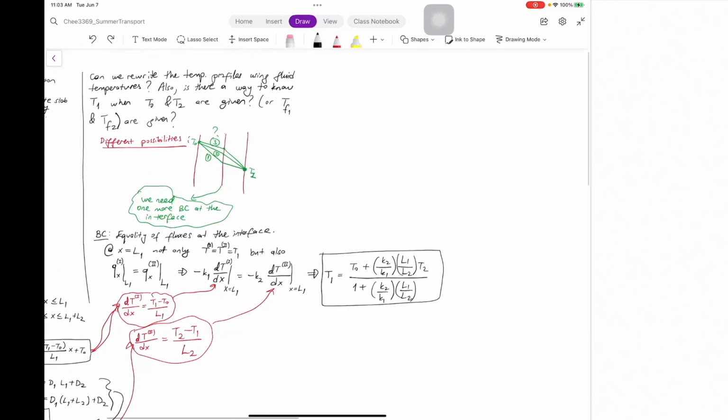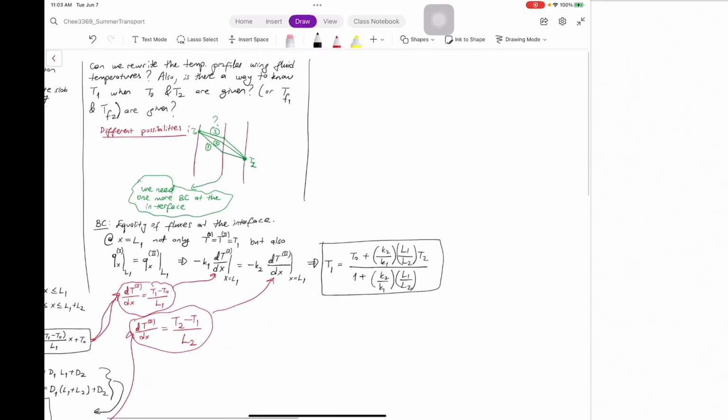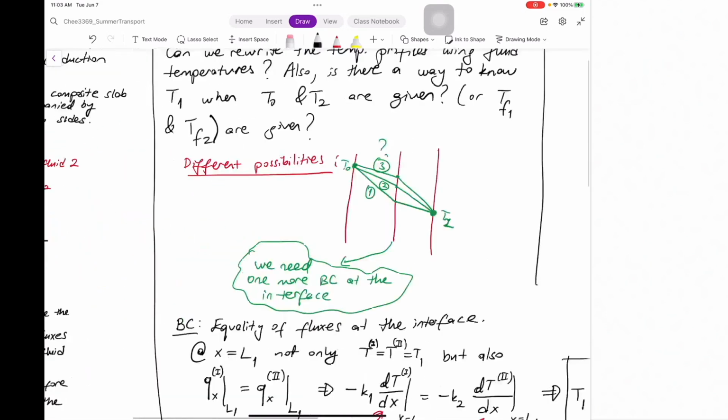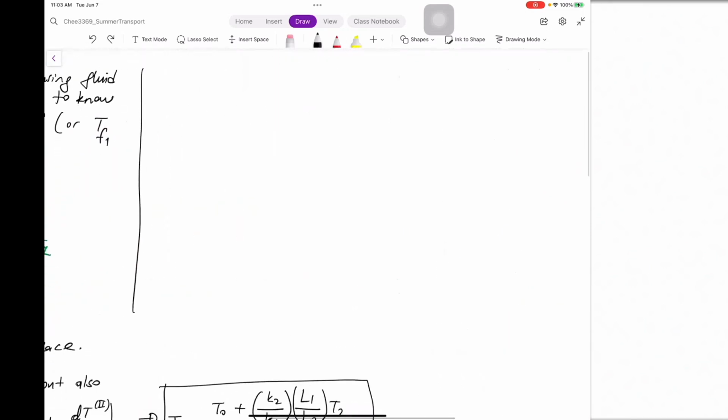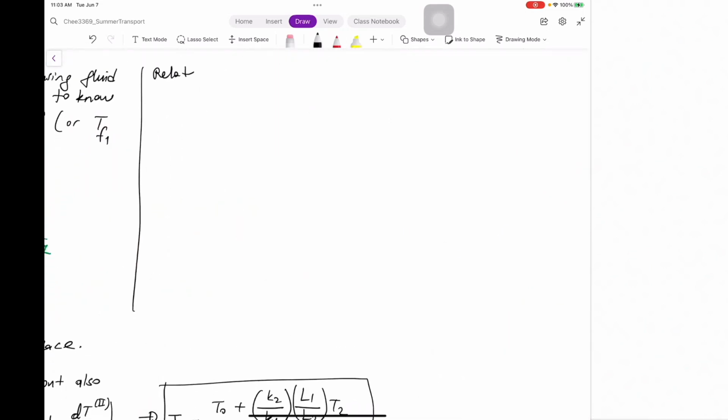Now what's left is, if you don't have any question, let's answer this. Can we relate TF1 to T0? Yes, we can do it, and we can do it using Newton's law of cooling.